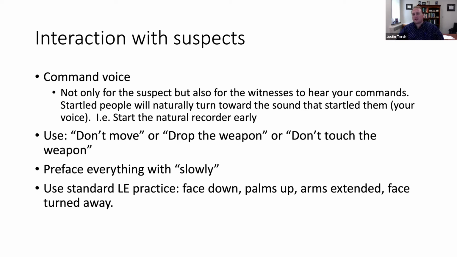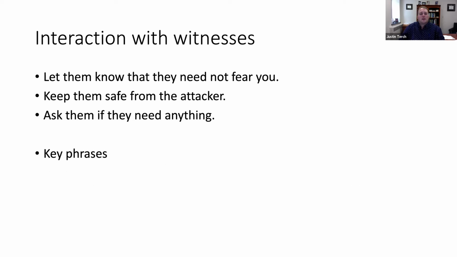So we want to make commands loud, clear, and calm because we want the suspect to hear it, and we want everybody else to hear what we're going to say. Things like don't move, drop the weapon, don't touch the weapon. When you can, preface things with slowly, drop the weapon. If they're still functional, have them lie face down with their palms up until the police arrive, someplace that you can be sure that they're no longer a harm to you.